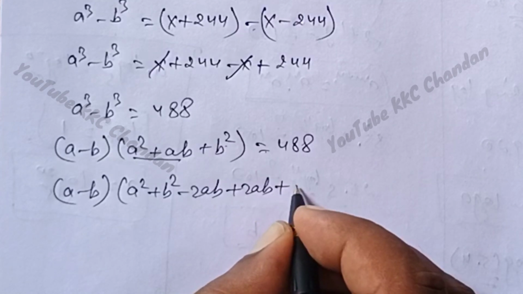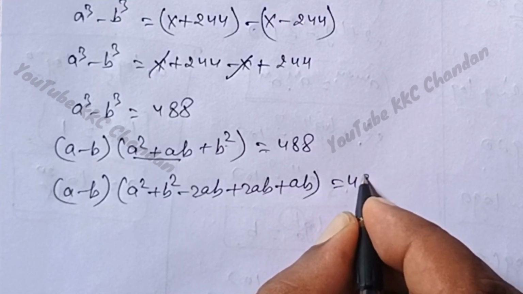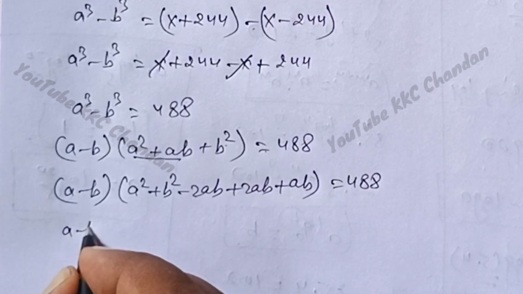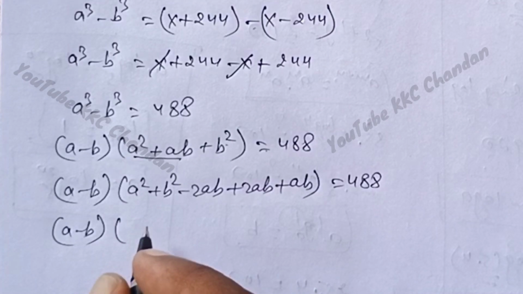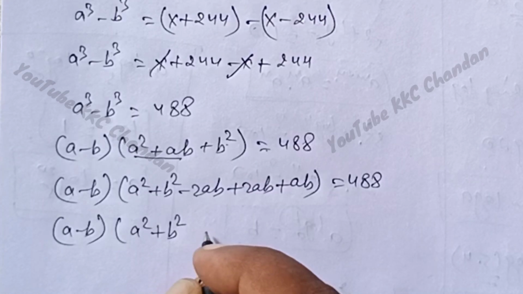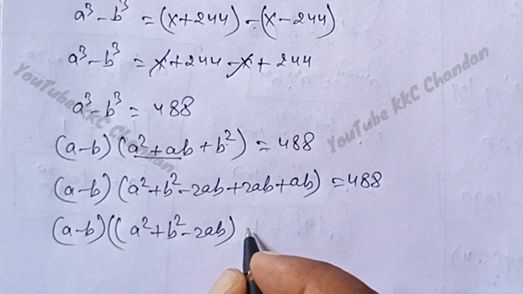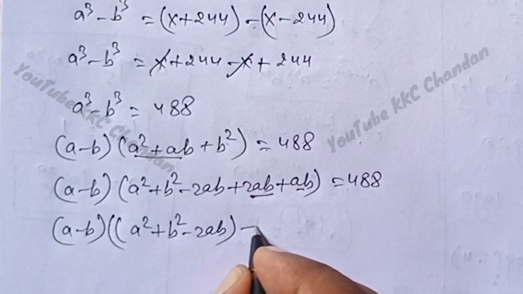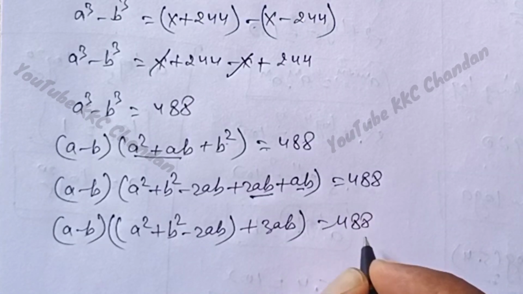Plus AB, bracket close, is equal to 488. Next, A minus B into A square plus B square minus 2AB, bracket close. After left it, 2AB plus AB means plus 3AB, bracket close, is equal to 488.